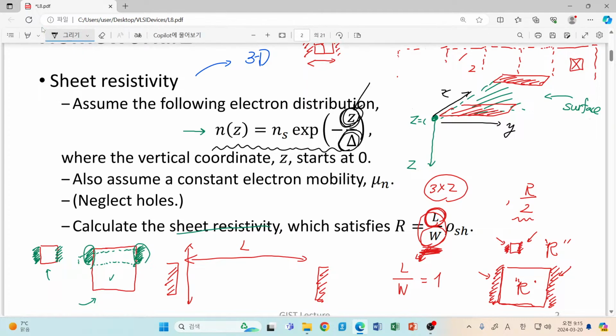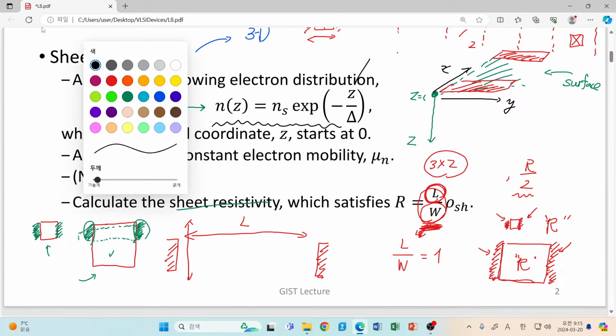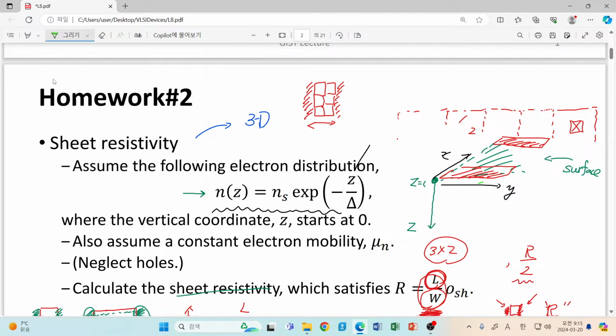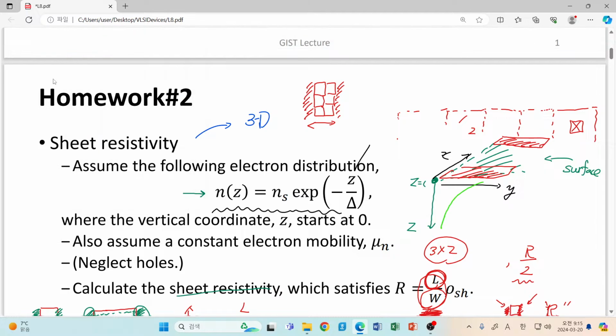So now if we visualize the electron density, then we have to write it in that way.